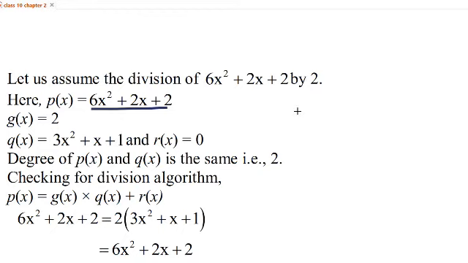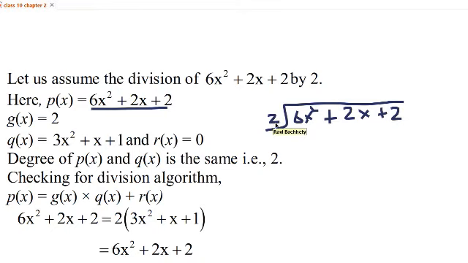I'll do this question for you. Let us say 6x square plus 2x plus 2, and I want to divide it with a constant, because on dividing with a constant we'll always get the degree of dividend and quotient same.